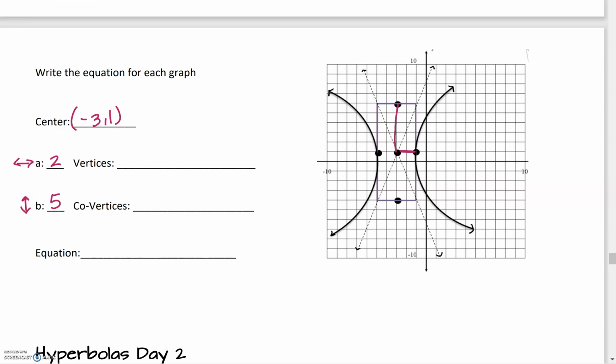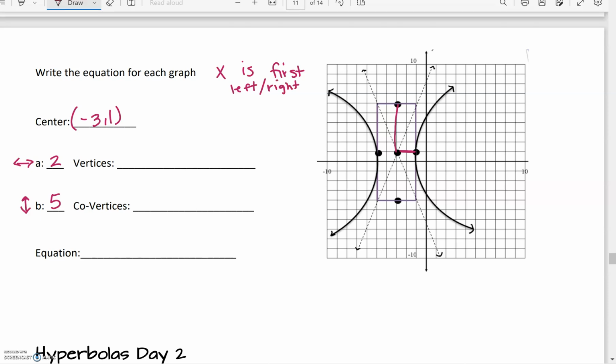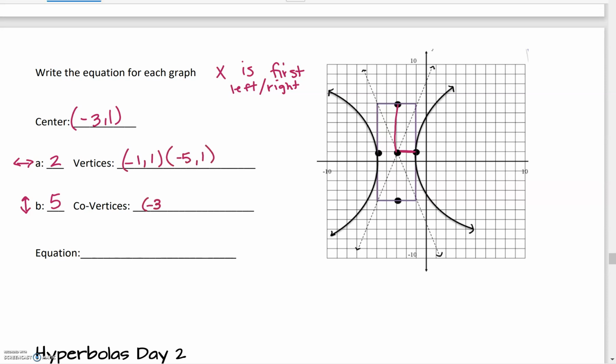And so x is first because we're opening left and right here. So when it's left/right, it is x being first. Okay, so vertices are there at negative 1, 1 and at negative 5, 1. Co-vertices are there at negative 3, negative 4, and negative 3, 6.